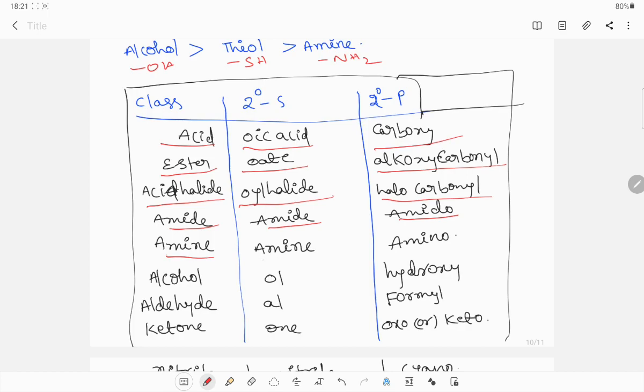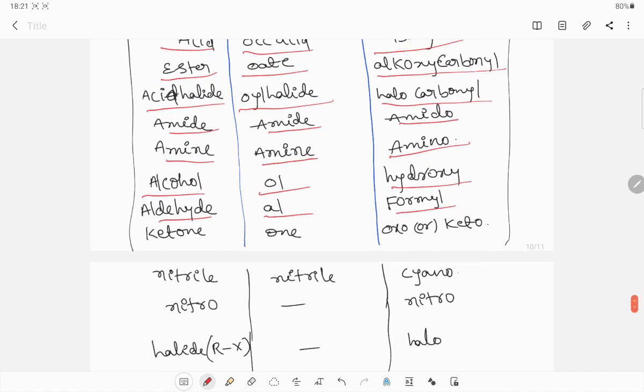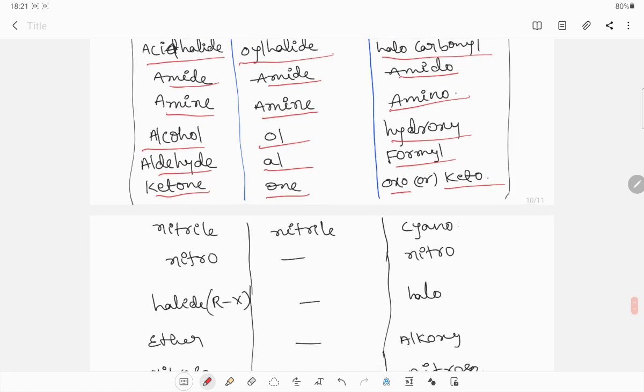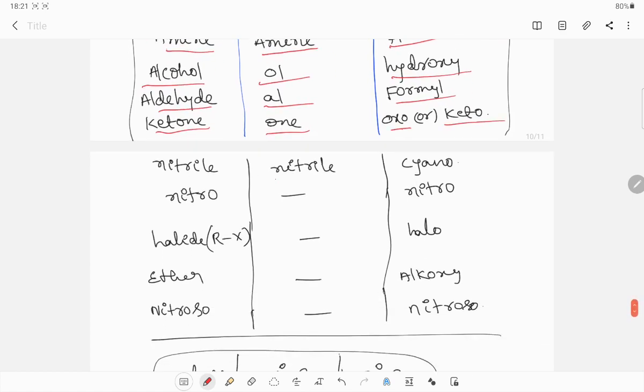Amine, main functional group amine, substituent amino. Alcohol, main functional group ol, substituent hydroxy. Aldehyde, main functional group al, substituent formyl. Ketone, main functional group one, and substituents oxo or keto. Next, nitrile, main functional group nitrile, substituent cyano.